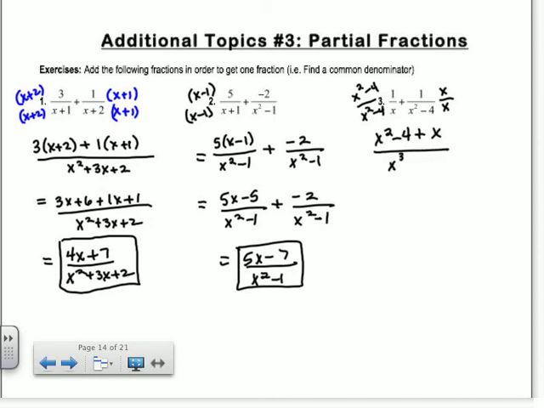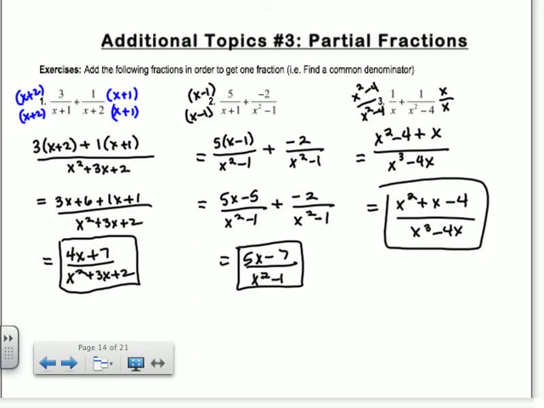So x cubed minus 4x. I skipped a step. All right, so I get x squared plus x minus 4 all over x cubed minus 4x. That's it.